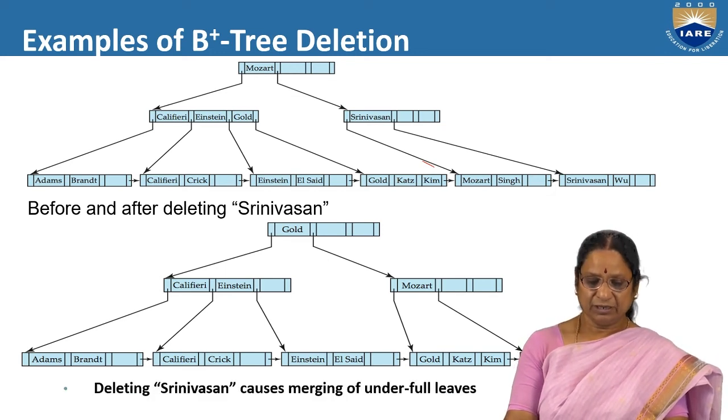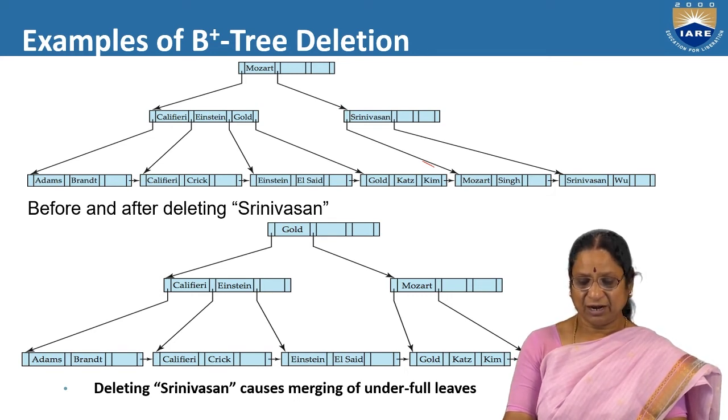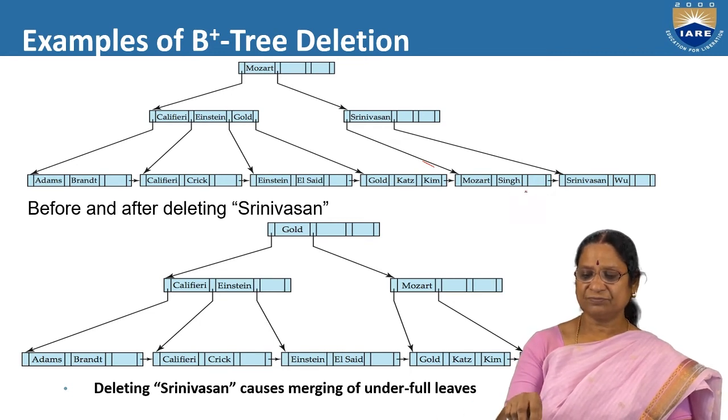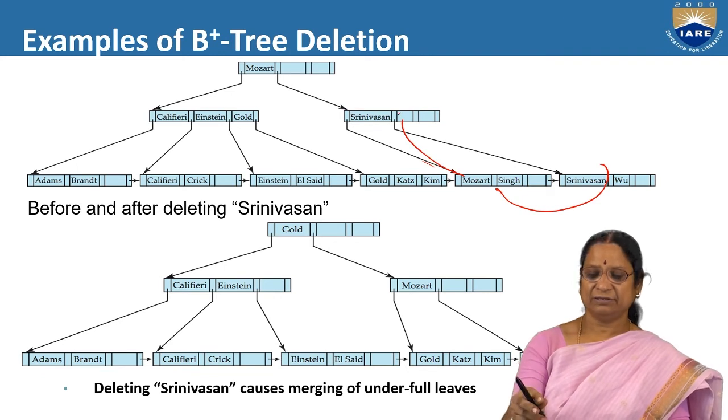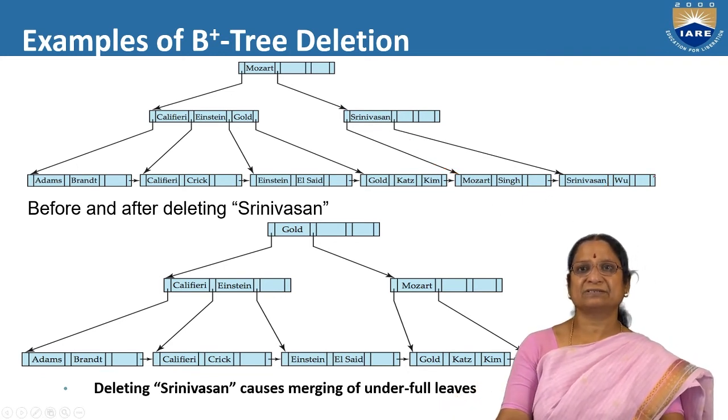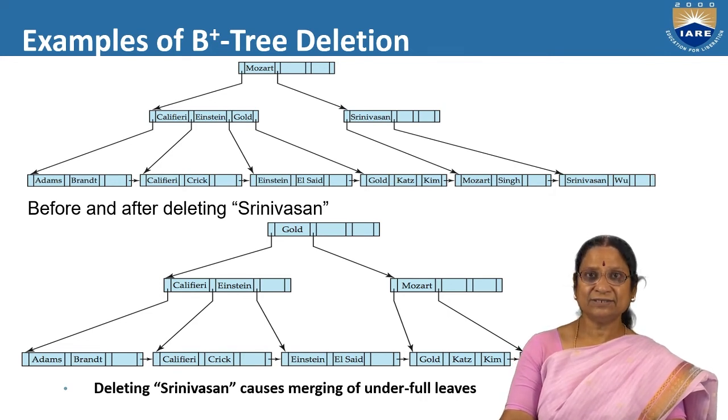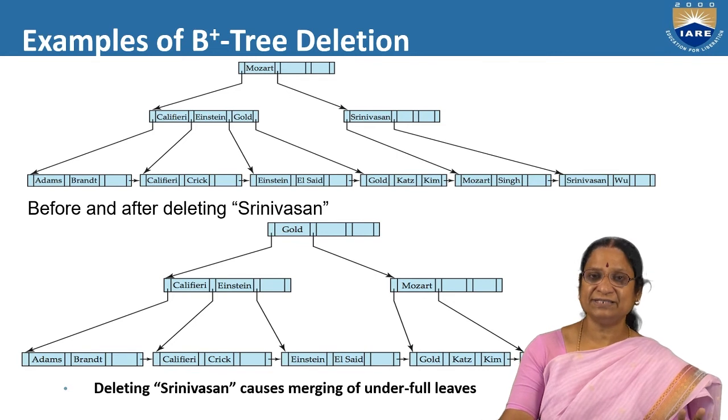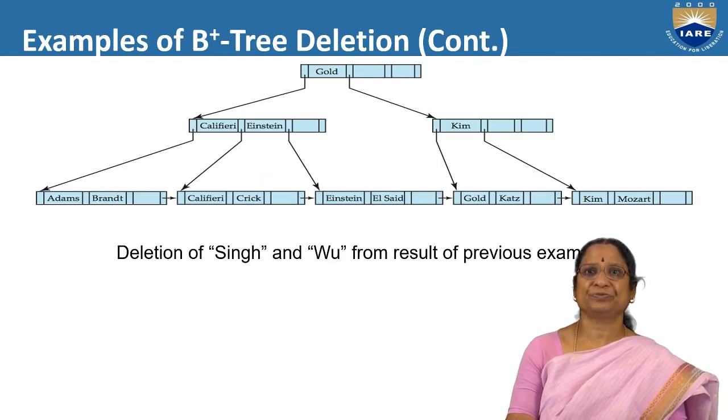So deletion of Srinivasan causes merging of the underfull leaves. Here we merged these two. Because of this merging, the parent address has to be modified depending upon the merge process. As insertion leads to splitting, deletion may lead to merging also.